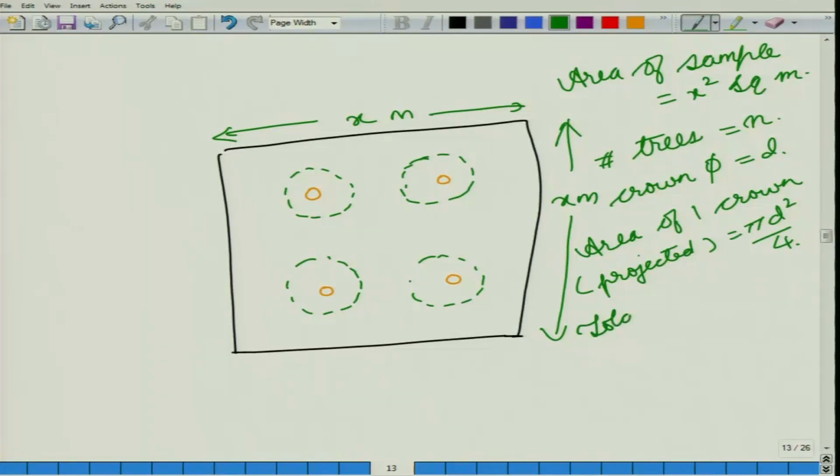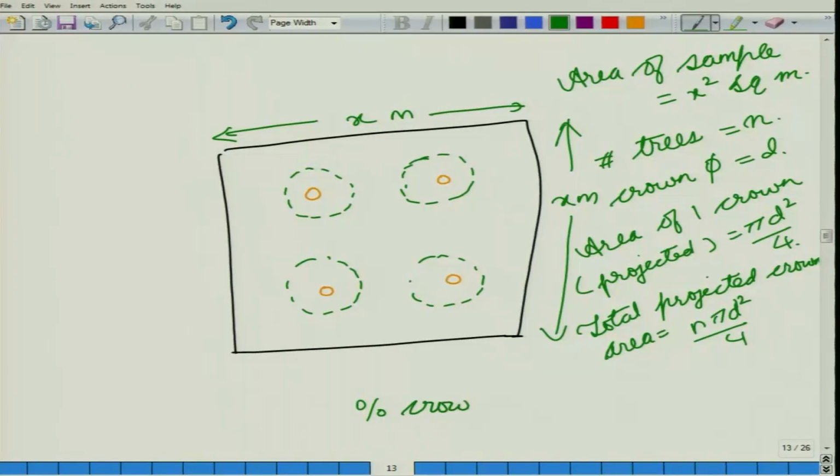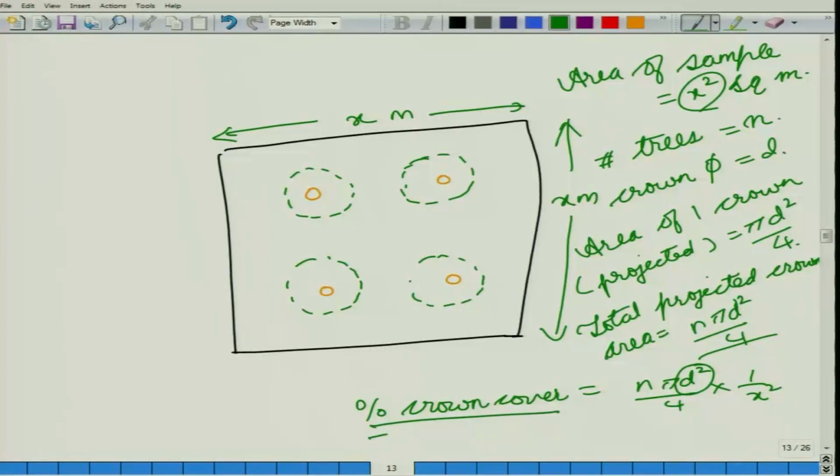So the total projected crown area, because there are n trees, will be n times pi d squared by 4. And if we wanted to get it as a percentage, the percentage of the crown cover will be given by this area, n times pi d squared by 4, divided by this area, x squared. So here we can see that as we increase d, our percentage of crown cover also increases.